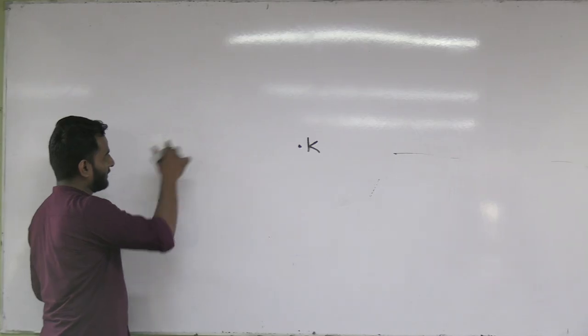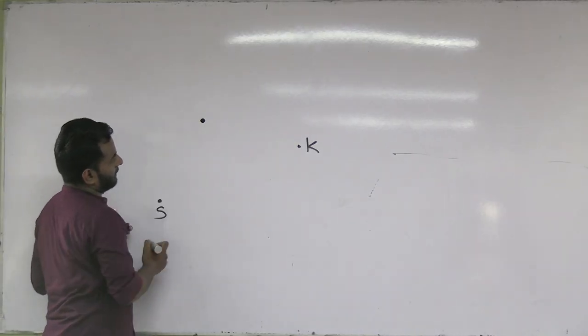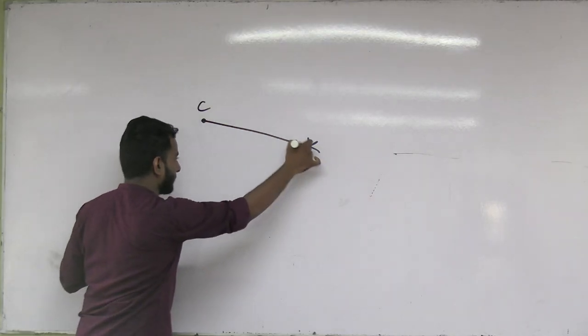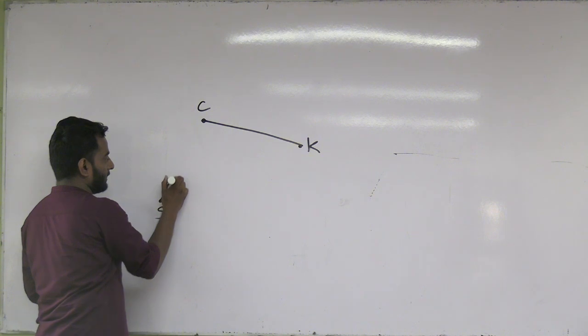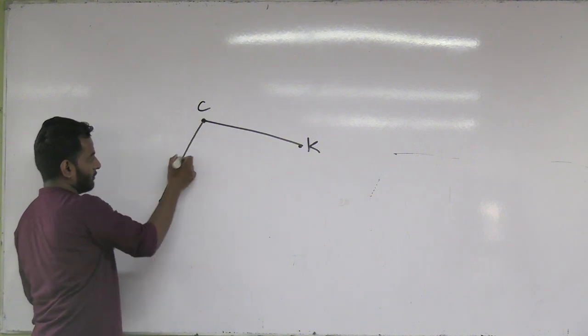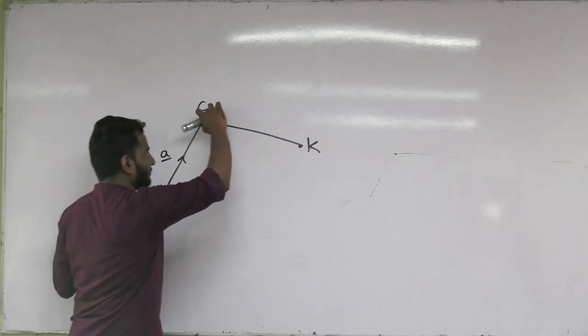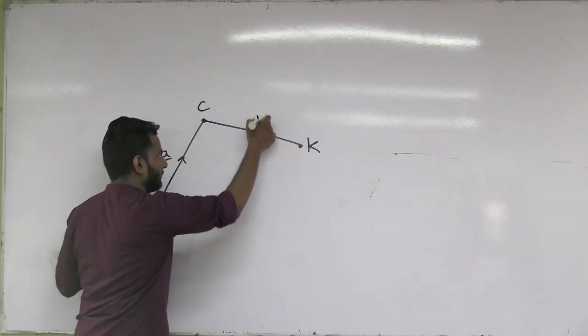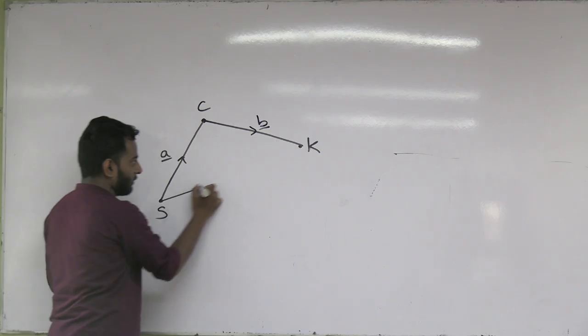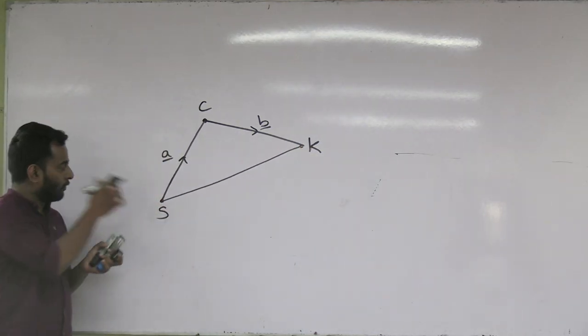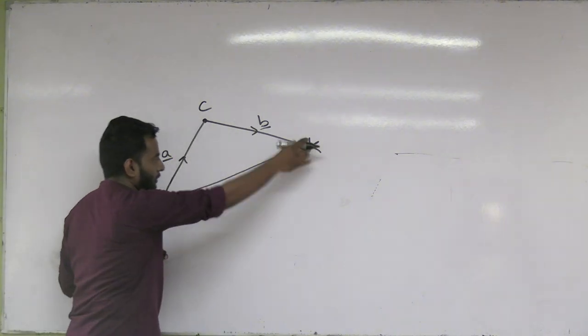If we are going by bus, we can go to the Colombo bus stop, and then we have the Kandy bus. So from here we get into a bus and go to Colombo. We call it A, and we have a bus from Colombo to Kandy. We can call it B. We don't have a direct bus from Shakti to Kandy. So what we do is go from here to Colombo and then Colombo to Kandy.